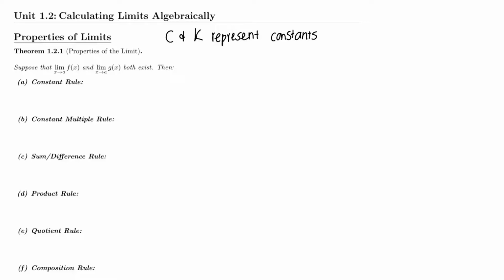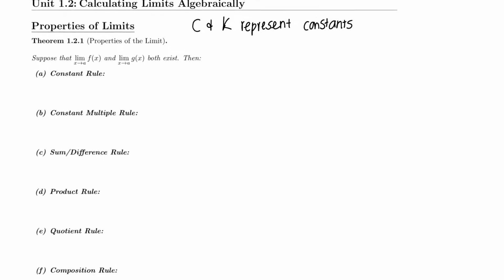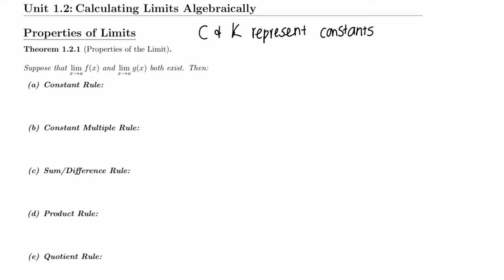That has to be true for these rules to work. So the constant rule. The constant rule is that the limit as x approaches a of a constant is just the constant. So as an example, it's a weird limit.